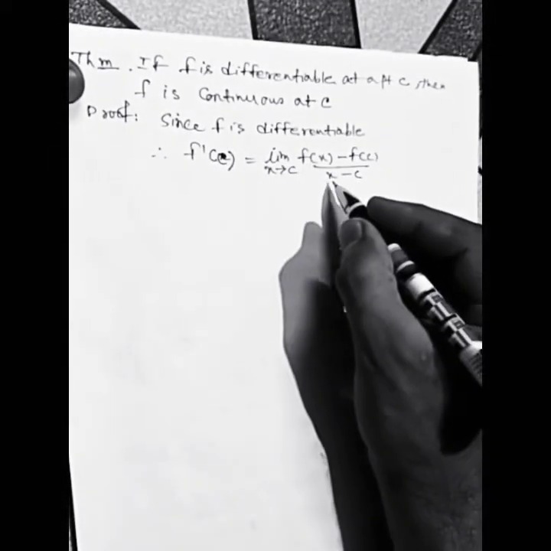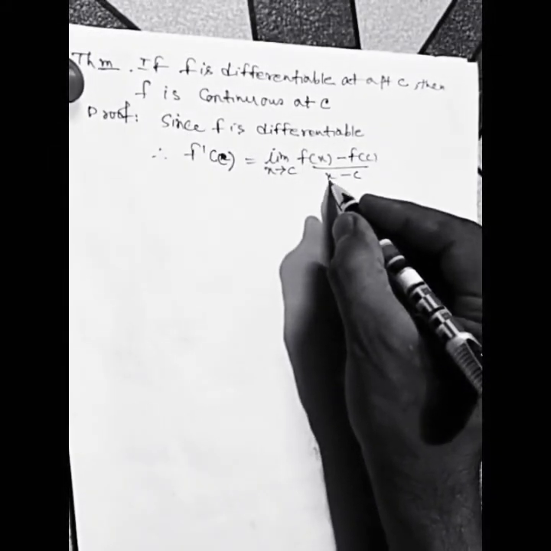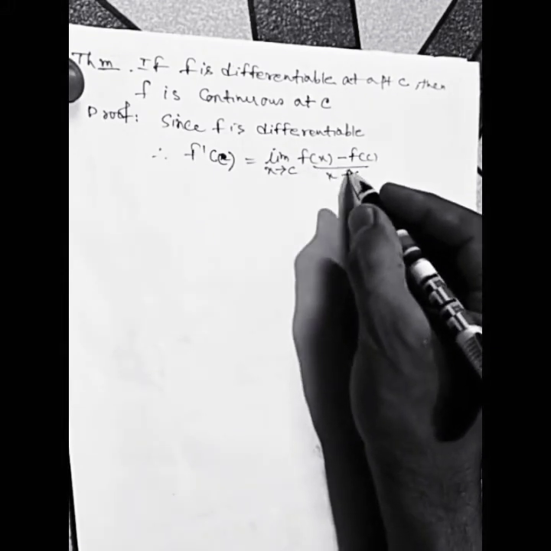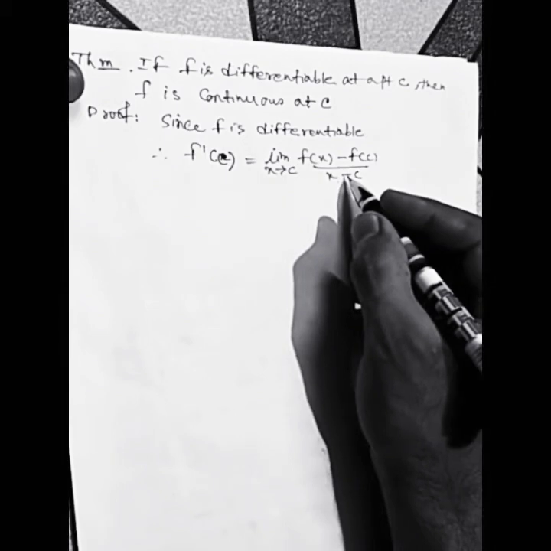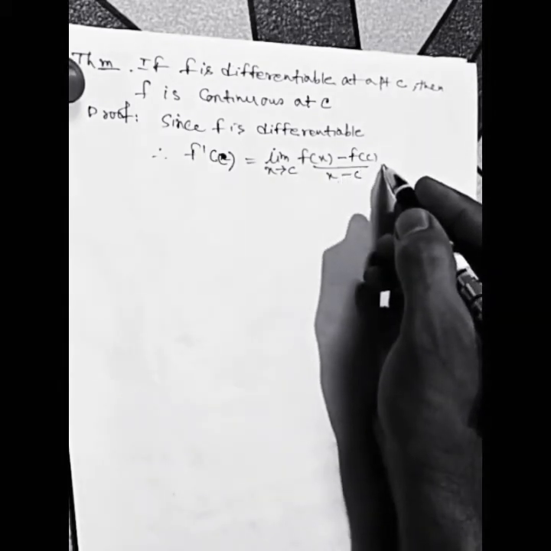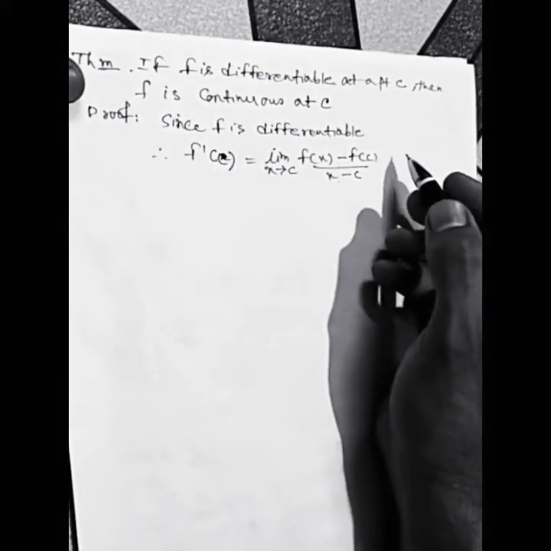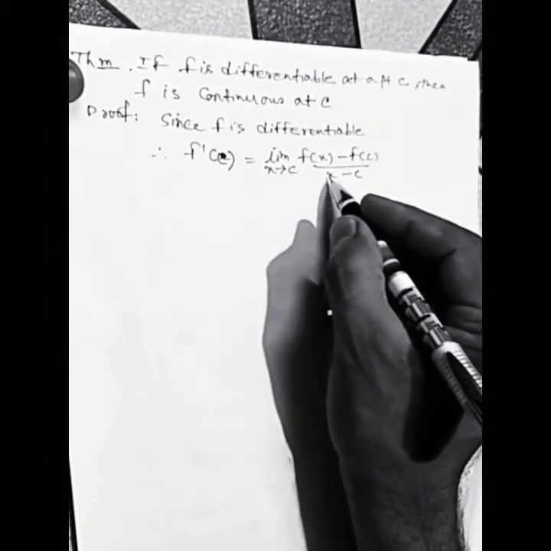When I take x equals c, then the denominator becomes 0, and if I get 0 in the denominator, then the value will be infinity. So I cannot take x equal c.